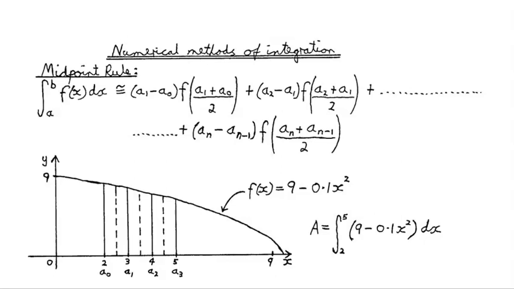And so the particular rectangle we're going to use here is this one. For the midpoint rule, what we're essentially doing is forming this rectangle here. Now the base of the rectangle is 1 unit long, from x equals 2 to x equals 3.